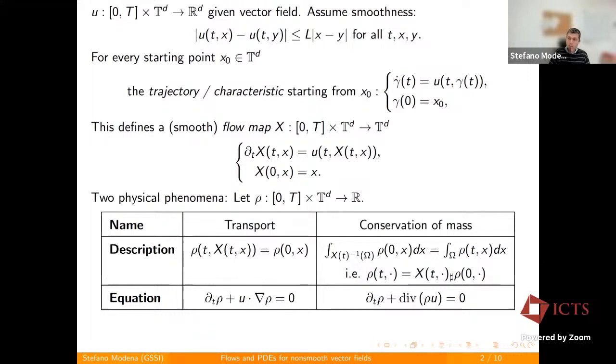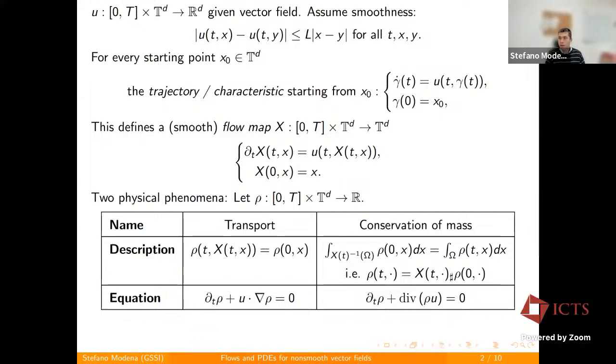And again, in a smooth setting, it is well known that these two equalities are equivalent to saying that the map rho satisfies this other PDE, which is the so-called continuity equation. Now, in principle, these are two different physical phenomena, the passive transport and conservation of mass.